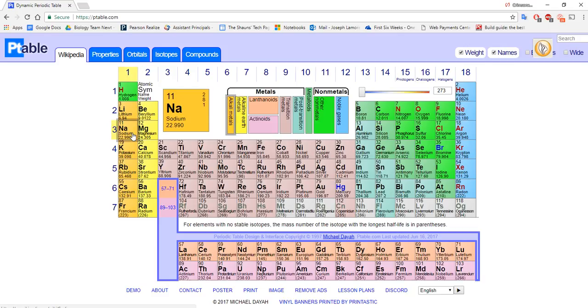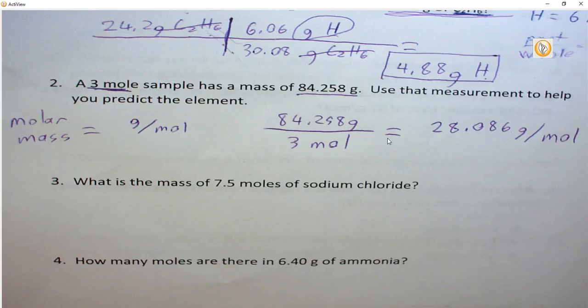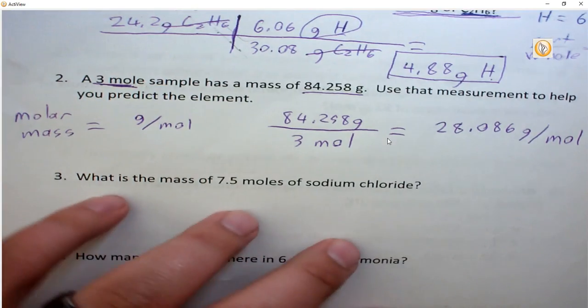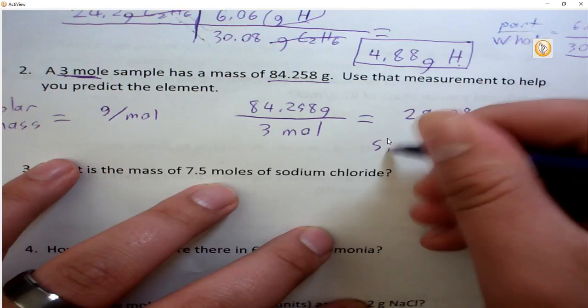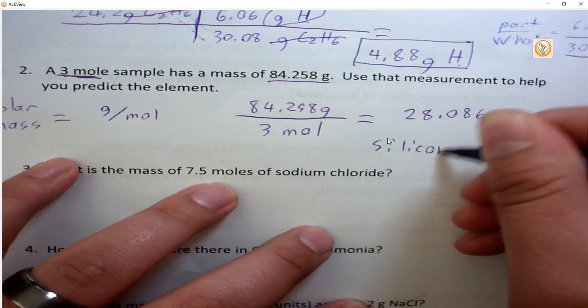So we look across, generally it goes up as you go from left to right. So we look, and there we have silicon. Silicon has a mass of 28.085 on the periodic table, and that's pretty close to what we got. So we can assume that the element in question is silicon.